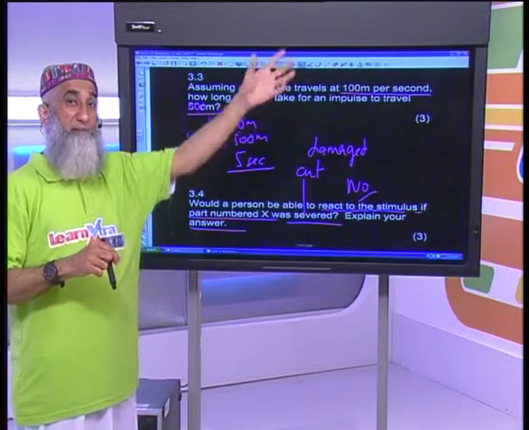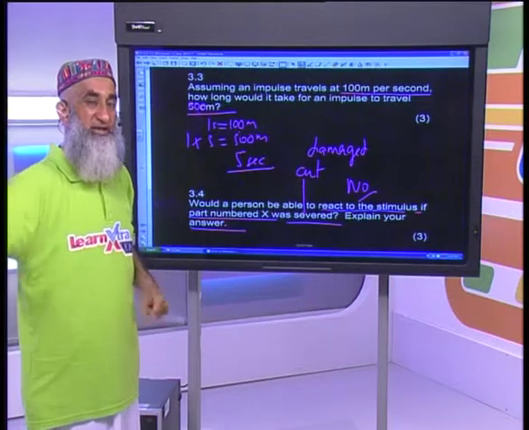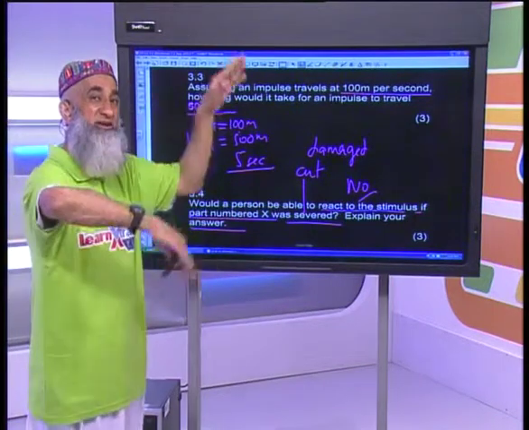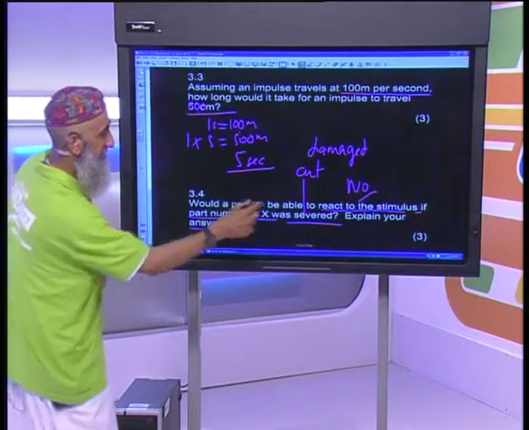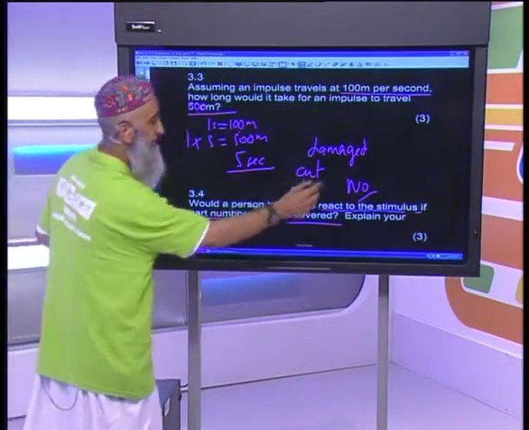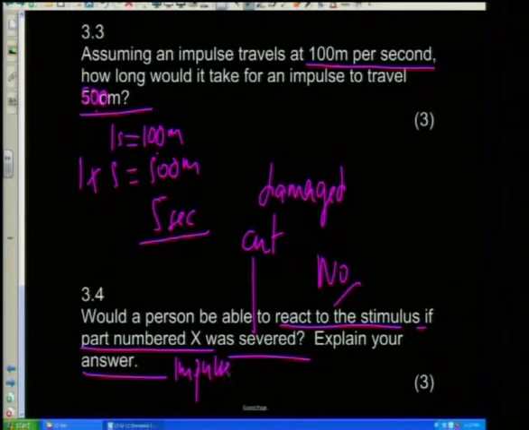A receptor picks up a stimulus. An effector brings about a response. The neuron's job is to communicate between these two things. I'm hoping we were there on that. Explain your answer. I've given you the explanation already. Because the impulse would not reach the effector.